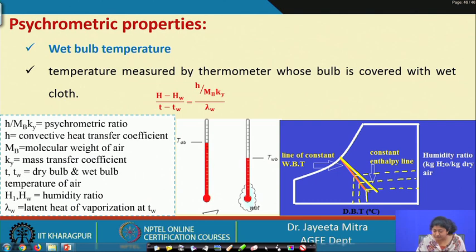Therefore, when we consider the difference of enthalpy from a fixed point, it is better to consider the enthalpy directly from that point and the other point where we finally reach. The difference between these two will give us the enthalpy difference of those 2 points, but that does not follow the exact line of the wet bulb temperature.